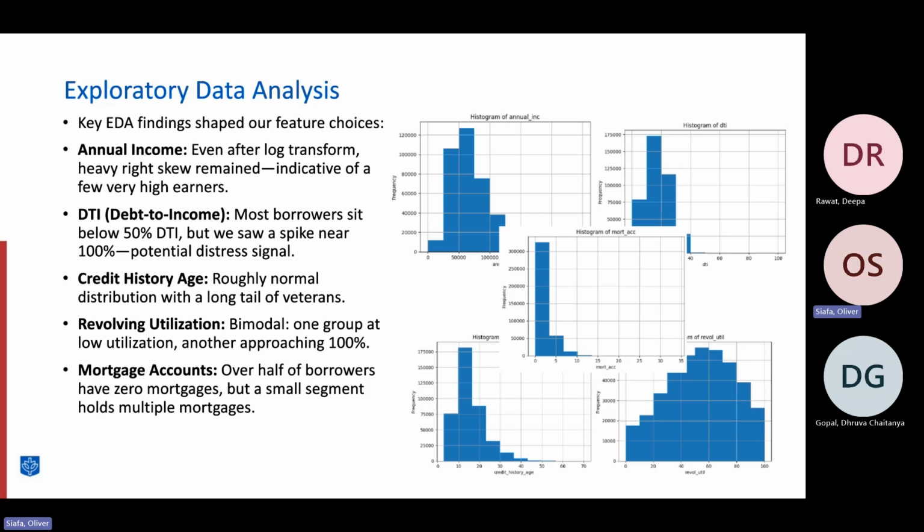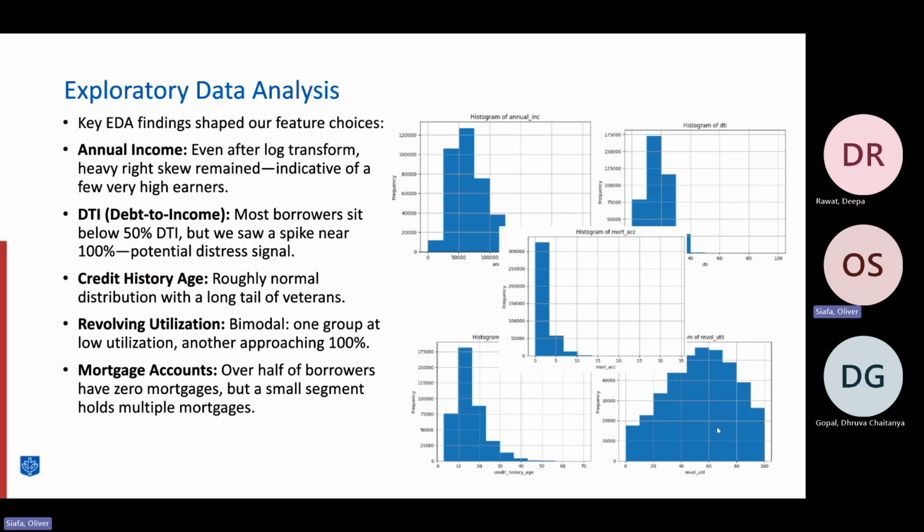But we noticed a very high spike near 100%, which could be a signal for potential distress. Credit history shows a roughly normal distribution, but with a longer tail indicating some borrowers have very established credit history.